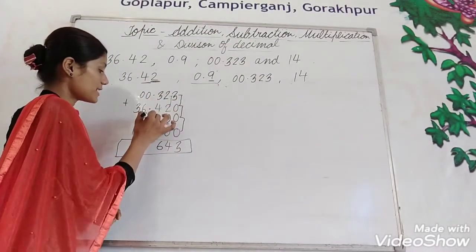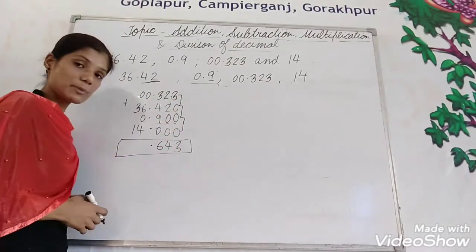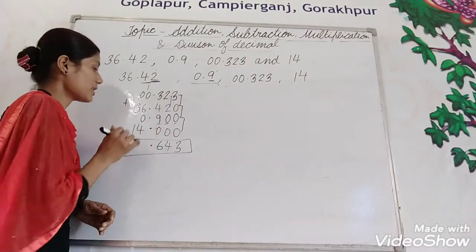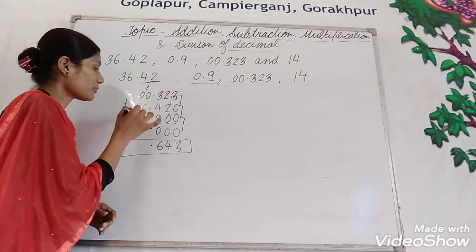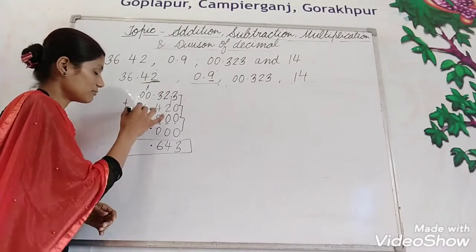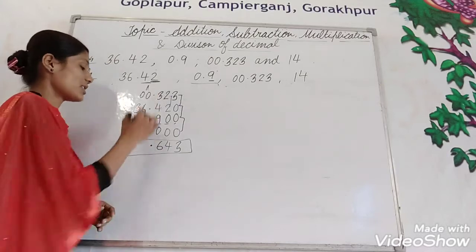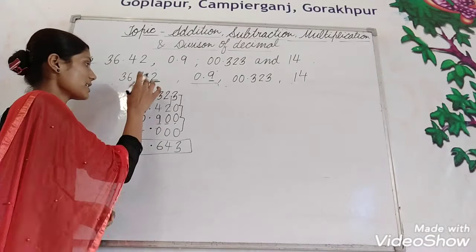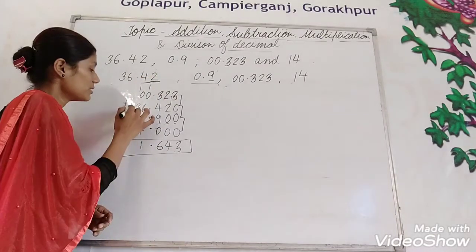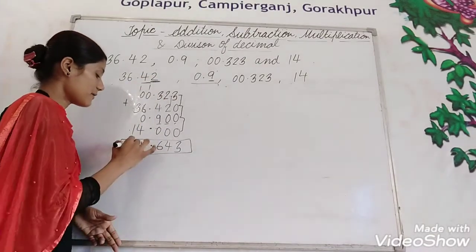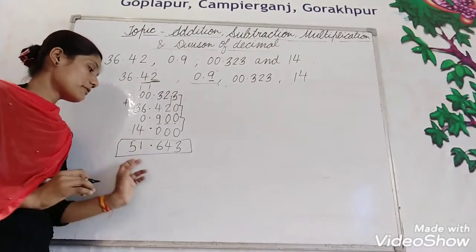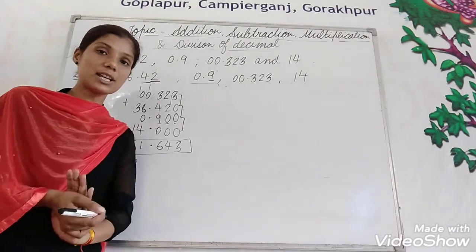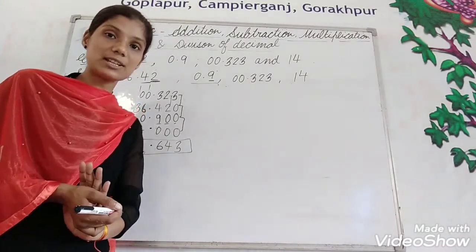In the place of the decimal, we put the decimal point. 6 plus 4 is 10, and 1 more is 11. Write 1 and carry 1. 3 plus 1 is 4, and 1 more is 5. So your answer is 51.643. Now it is clear how to find the addition of any decimals.